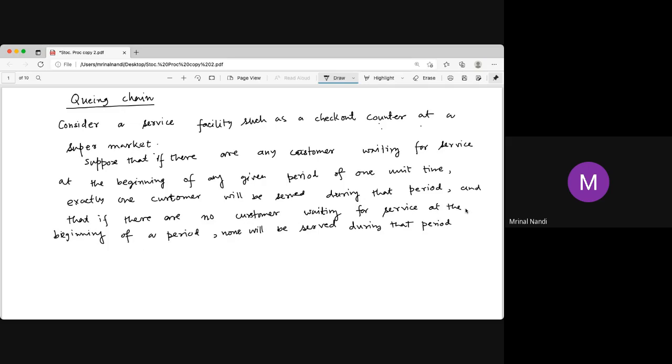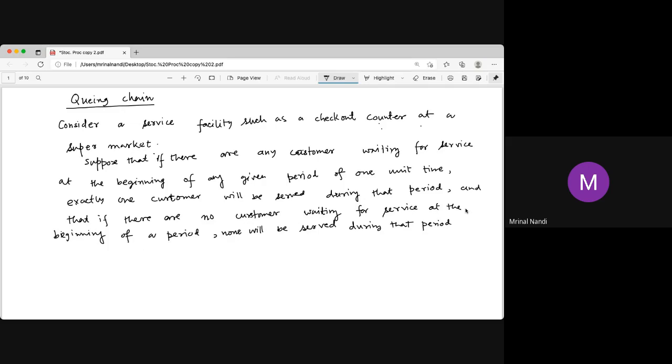Now say at 9:03 and 30 seconds there is one customer who came to the counter. But the assumption is that you have to wait until 9:04, because there is a 1-unit period, and since at the beginning there was no customer, the whole 1 minute has no service.